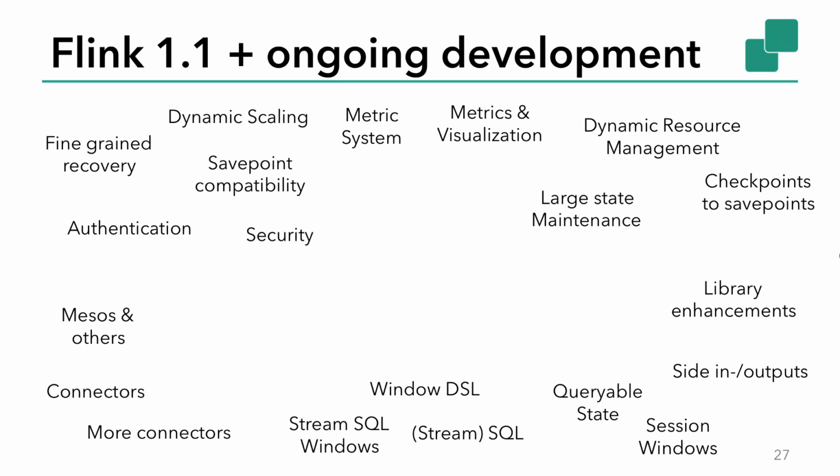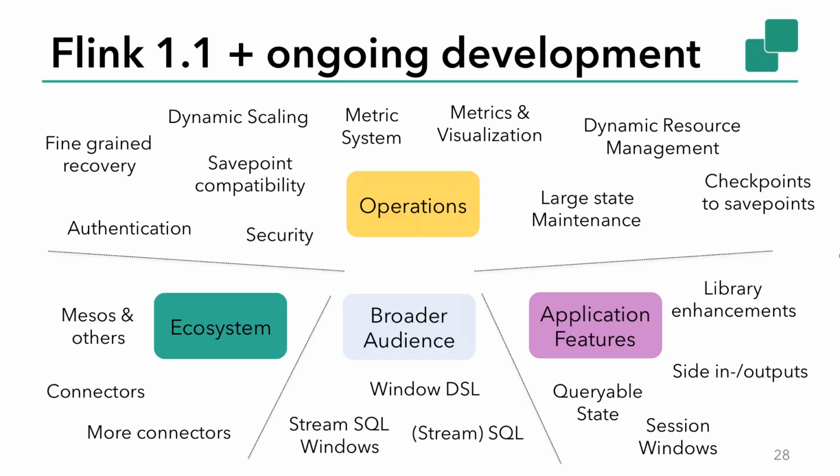If I had to divide it into a few areas, the following. There's work happening in connecting Flink with the wider big data and DevOps ecosystem. A prominent thing here is integration with Apache Mesos, which should come in the next Flink release.